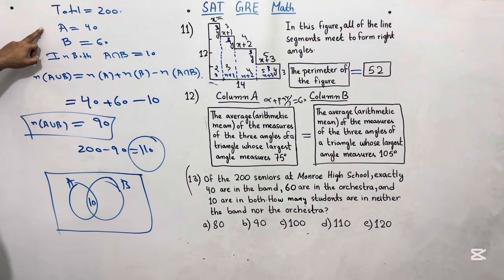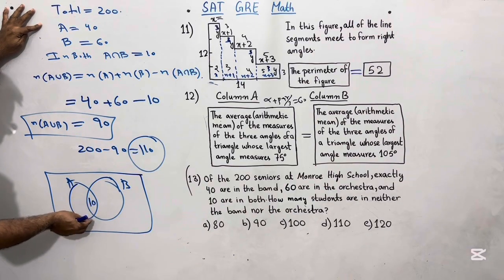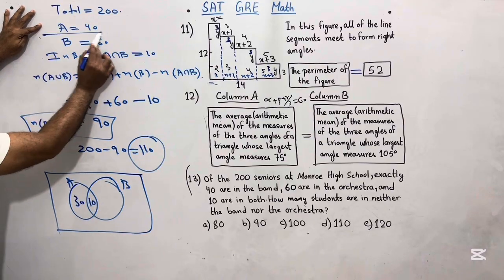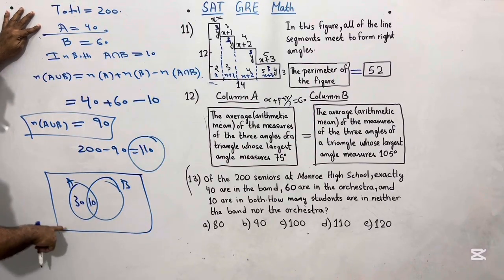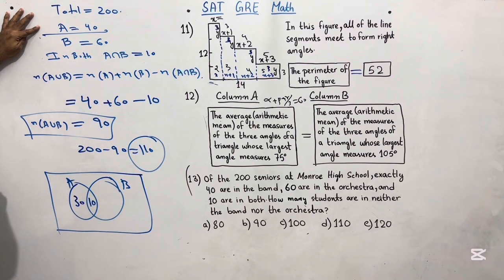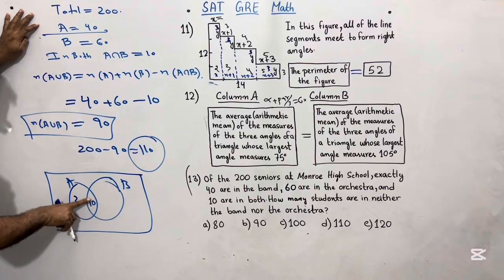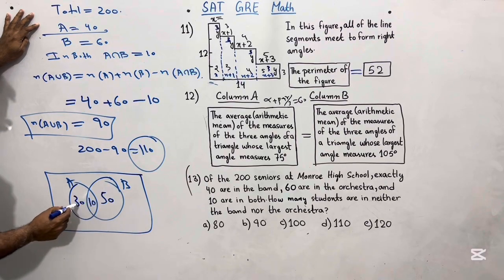Now, A stands for band, there are 40 students. 10 already we have calculated, 30 more. 10 plus 30, 40 figure tallies the number of seniors in the band. While B is 60, 10 we have already filled, remaining are 50. 30 plus 10 plus 50, it is 90.